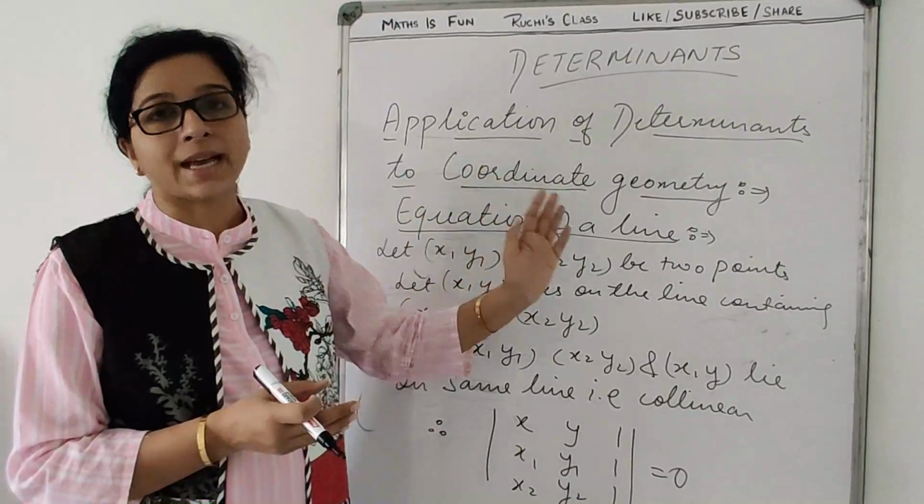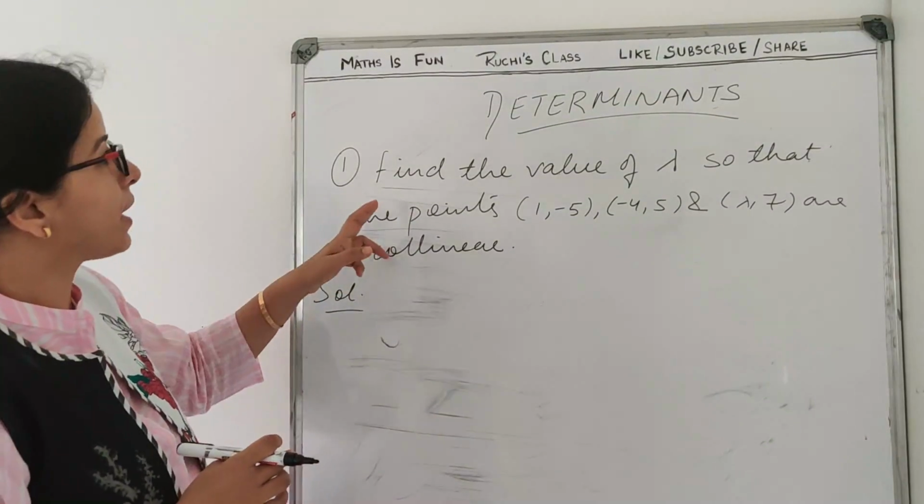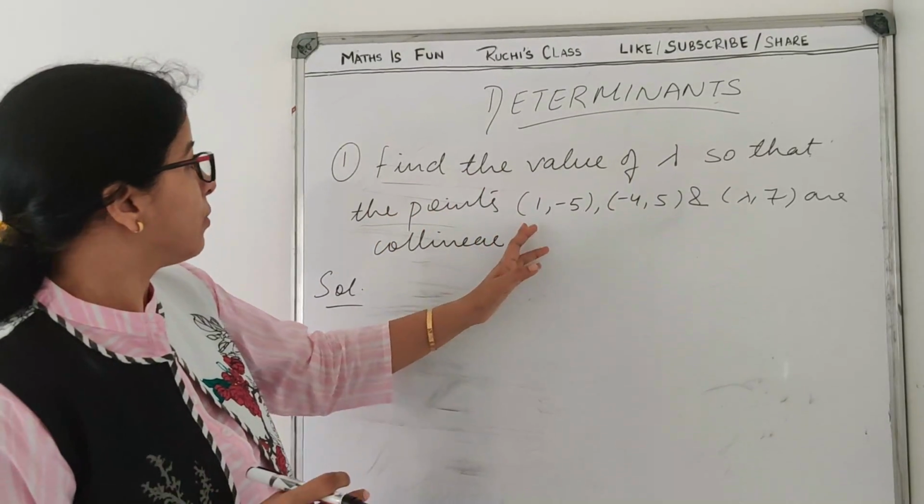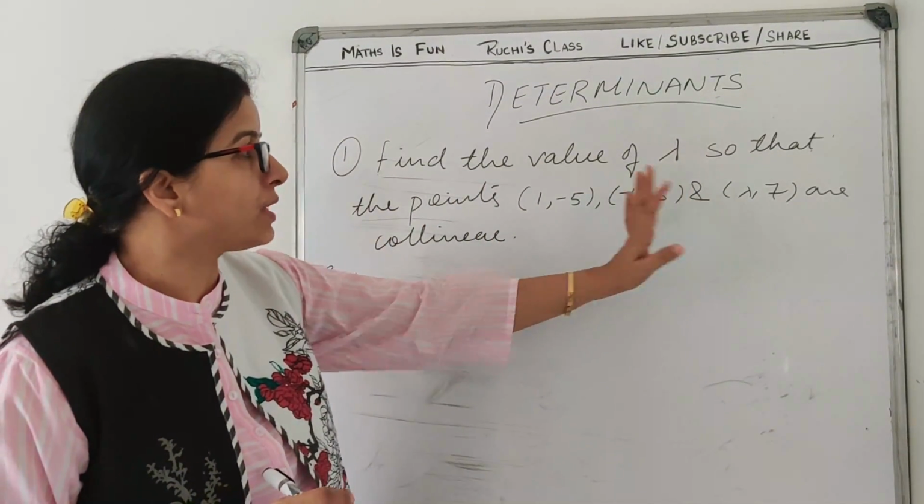Now I'll do some example questions. My question is, find the value of lambda so that the points (1, -5), (-4, 5) and (lambda, 7) are collinear.